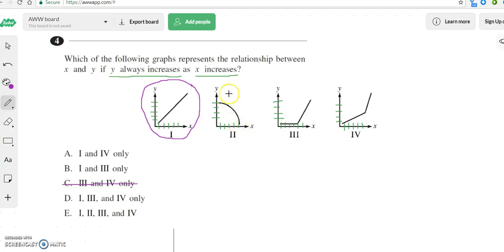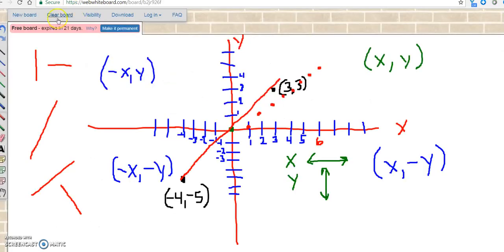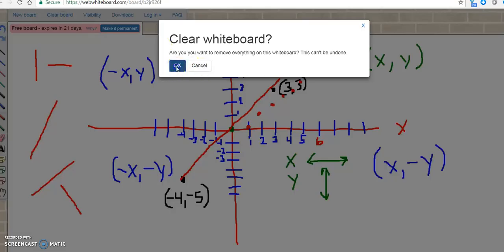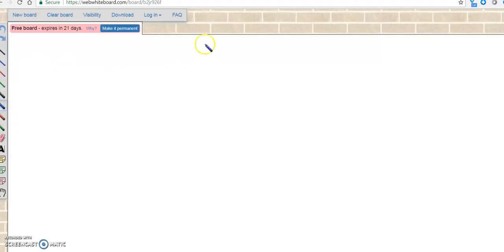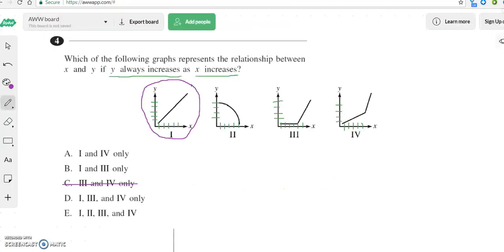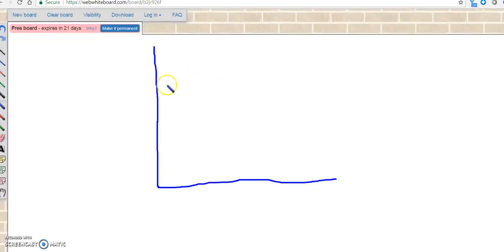Okay, with this particular graph here, we're going to look at the first dot. Let me get us a clear board over here. It's drawn kind of like this.